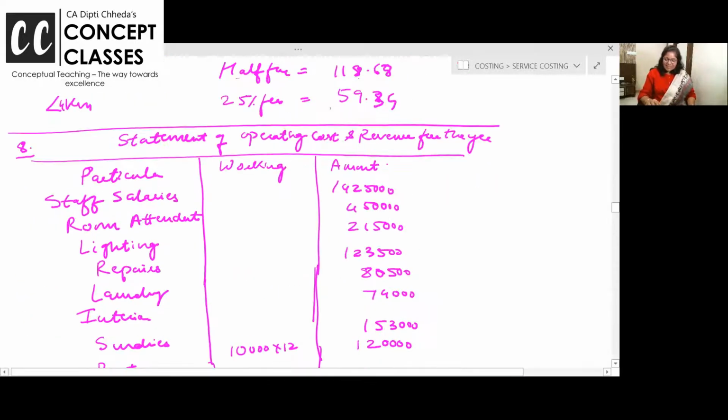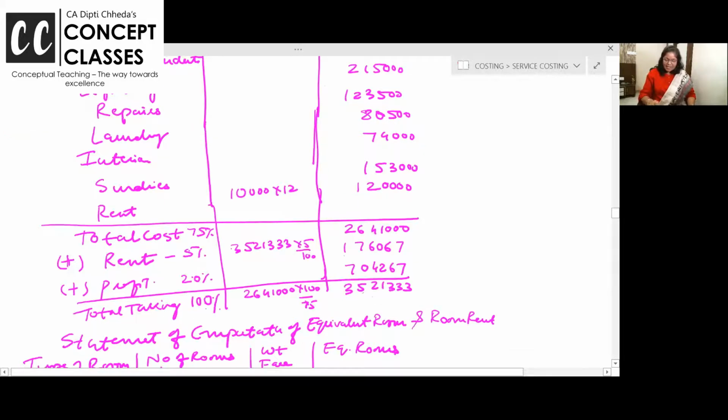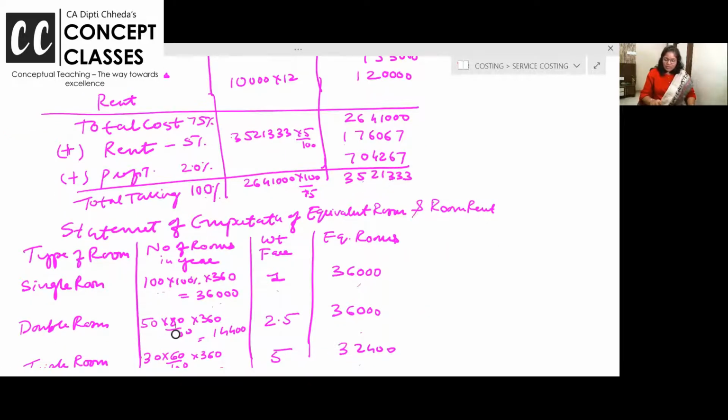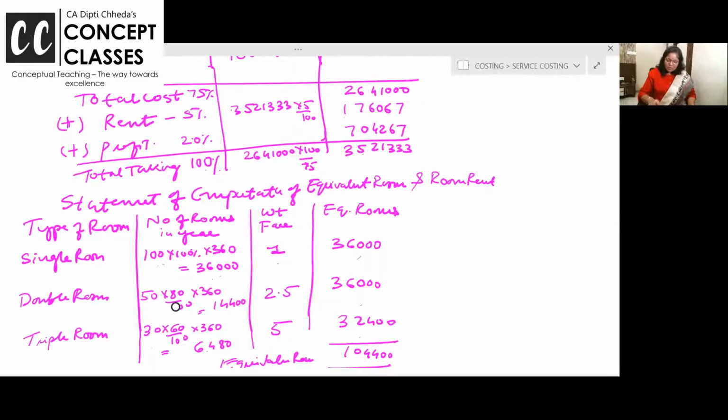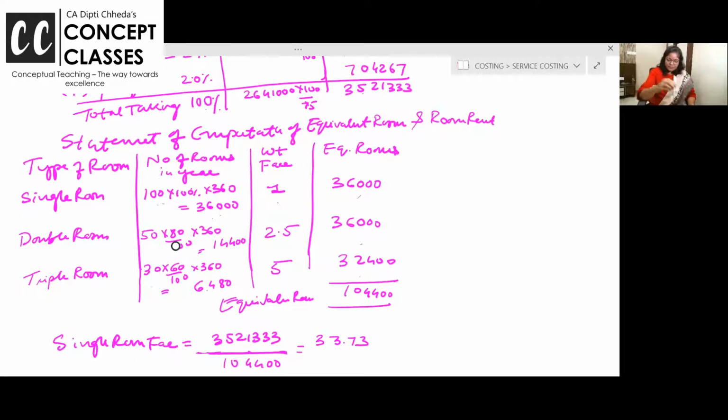This is a case of a hotel, rent and all, and whatever is the total cost, profit is 20% on the cost. So total takings we have reached. Now we have 100 single rooms which are 100% occupied for 360 days, and the fare is this much. Now we have 50 double rooms.